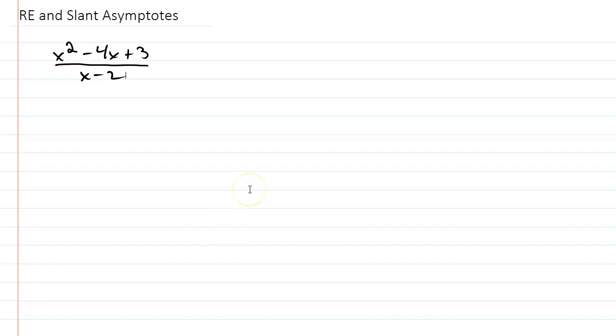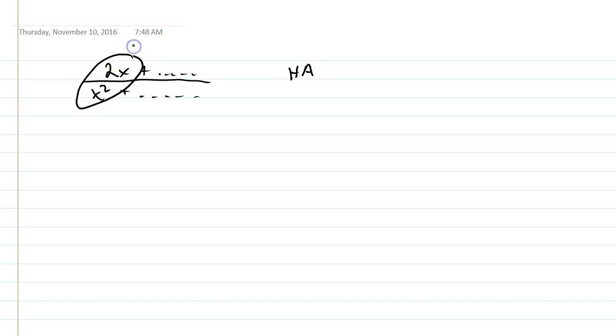So what's new today is that we're going to be encountering horizontal asymptotes that are slanted. Just as a refresher, yesterday, when you had something like 2x plus something all over x squared plus something, and we wanted to find the horizontal asymptote, we would look at the lead coefficients, and we would think, what would that be kind of as a parent function?